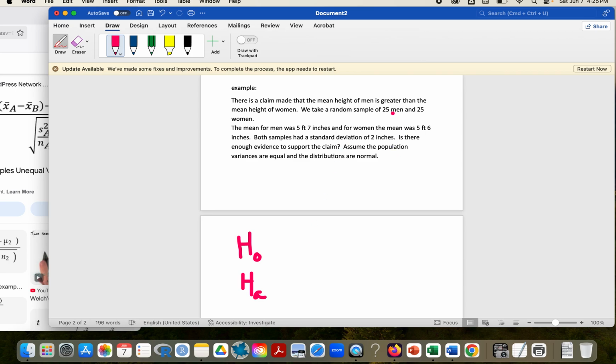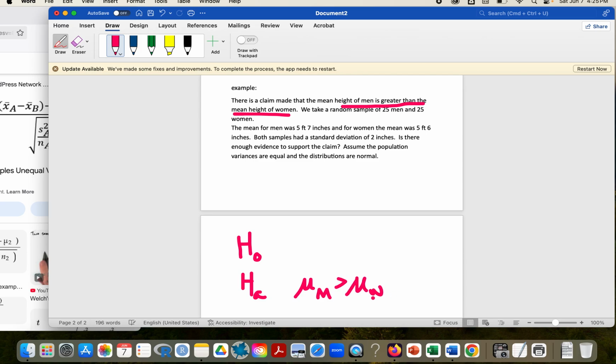We have this claim that the mean height of men is greater than the mean height of women. That's going to land in the alternative hypothesis. So the mean height of men is greater than the mean height of women.